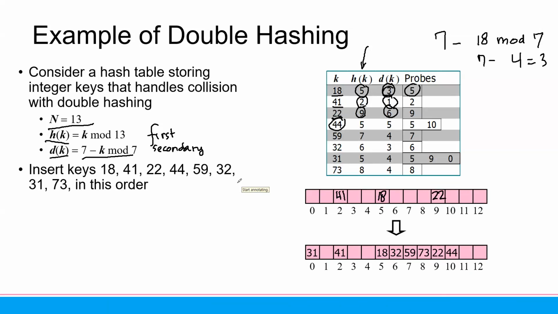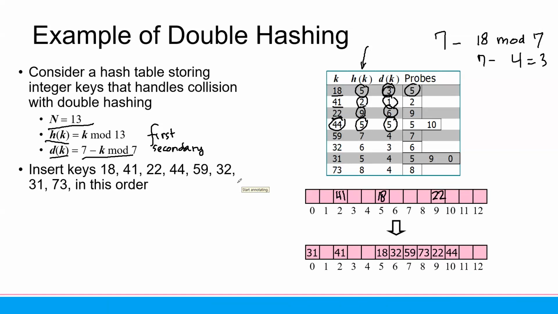Now we have 44. What about this 44? The h(k) is 5, and we already have a value at 5. Then we need to check d(k). The d(k) is also 5.